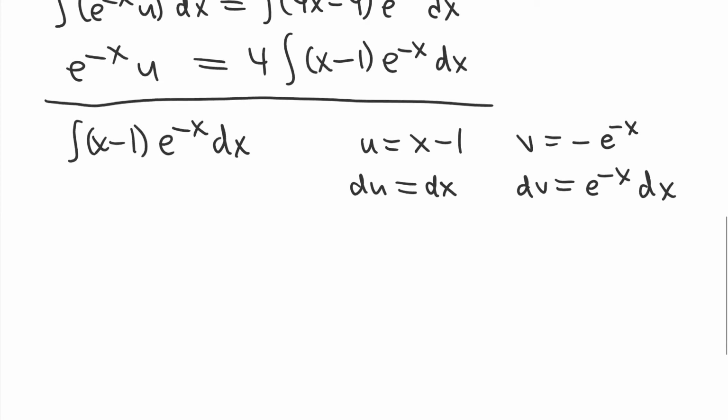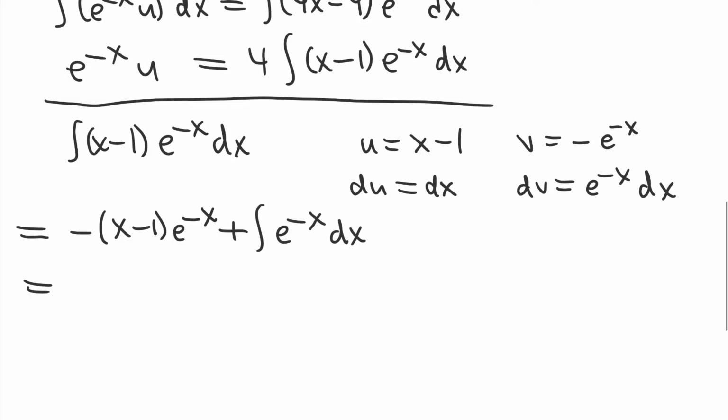And so now this integral becomes u times v, so negative x minus 1 times e to the negative x, minus, and the minus times the negative becomes a plus, e to the negative x dx. If I put that minus sign through in the first part and then do the second integral, I get negative e to the negative x.